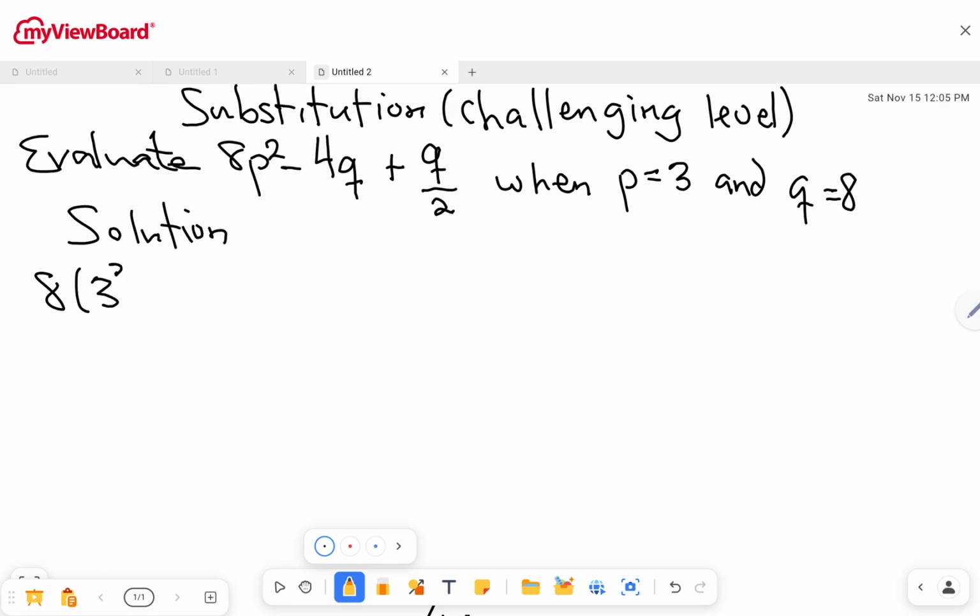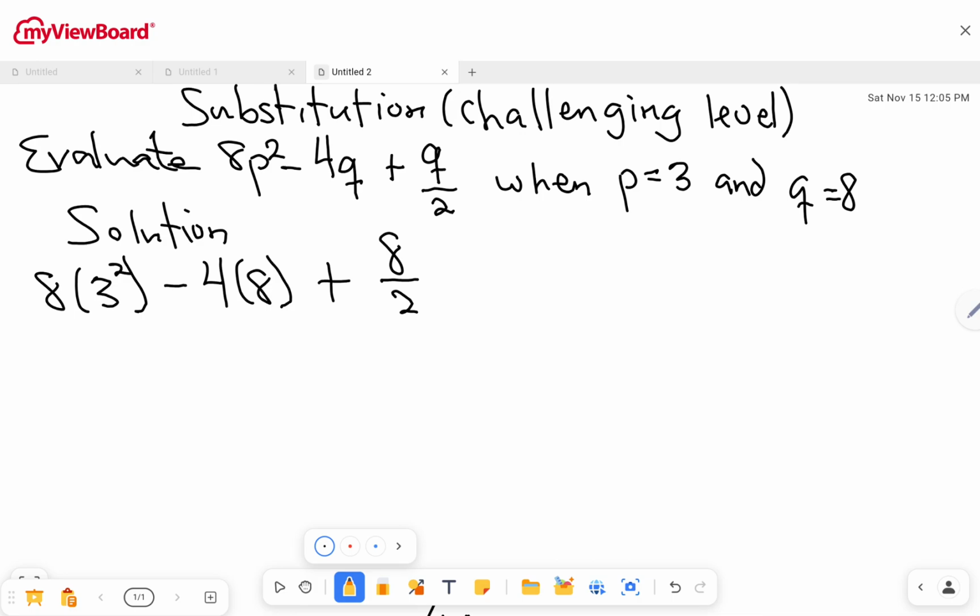And then the exponent of 2 is up here. Now I'll bring my subtraction sign. I'll write 4. Then since q is 8, I'll write 8. Then I'll write plus. We have another q divided by 2. So the q here is 8, and I'll put the 2 under the 8.